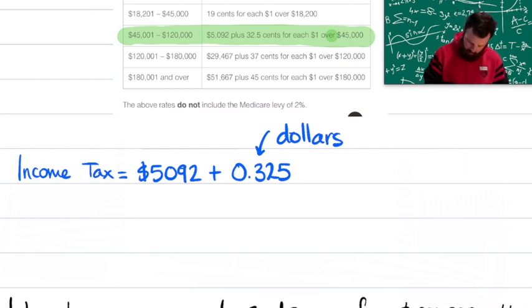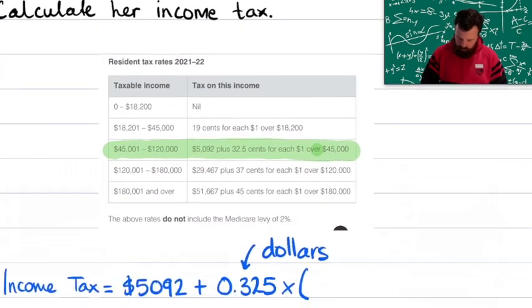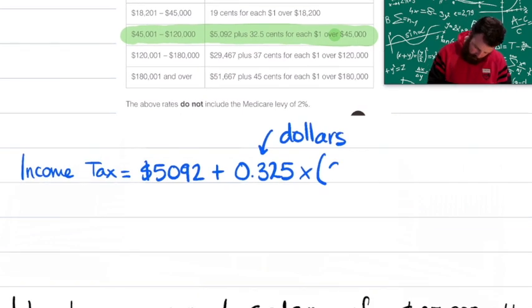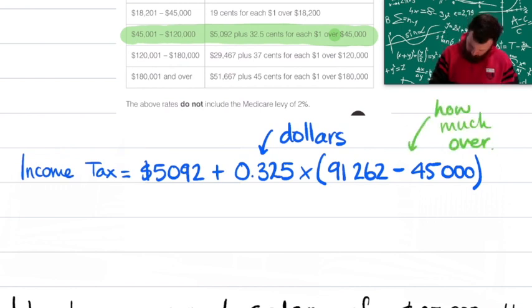And we're going to go 32.5 cents times, now how much over 45,000 is she? Well, let's just quickly scroll up. What was it? 91,262. So 91,262 minus 45,000. That tells us how much over, and you can see that we need to know in our table how much over we are.